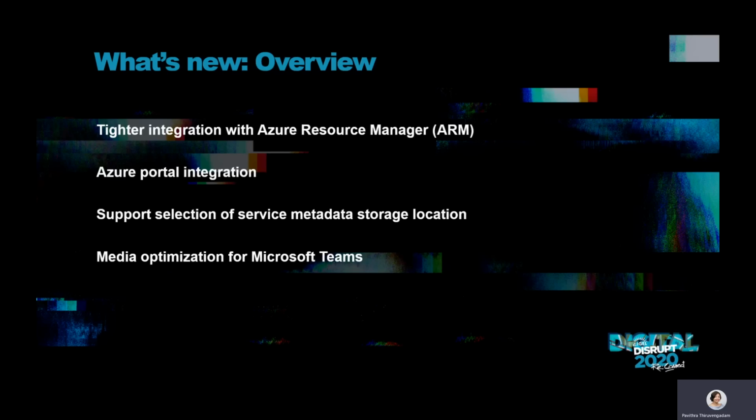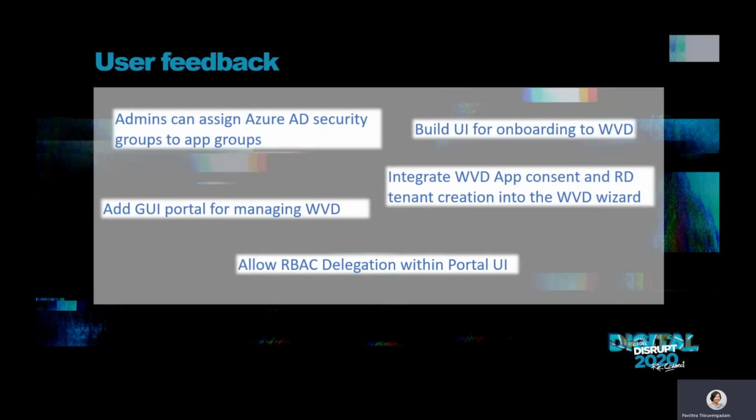So when we went GA, as I mentioned earlier, we got a lot of feedback from customers that they wanted Windows Virtual Desktop to support a bunch of features. And some of the features are listed here. They wanted a GUI portal for managing WVD, for onboarding to WVD. They wanted to get rid of the app consent that we had as part of the GA service.